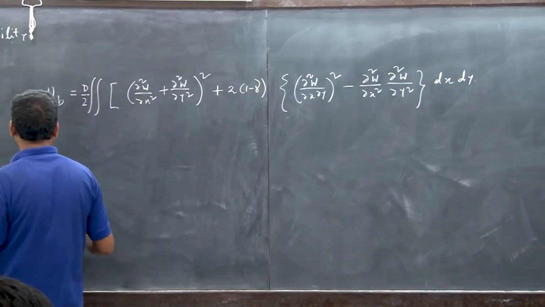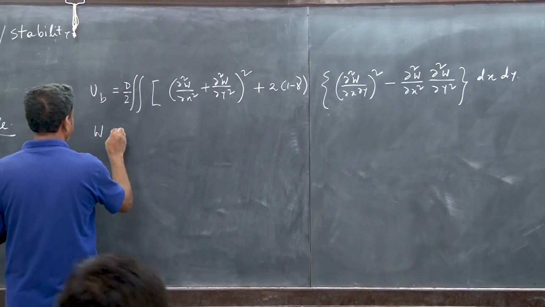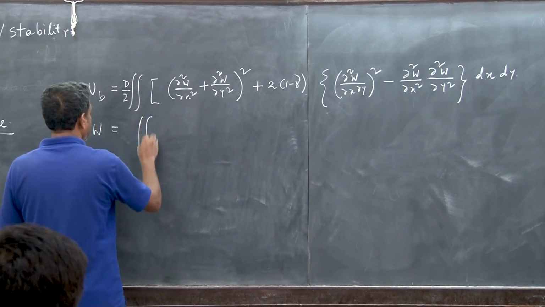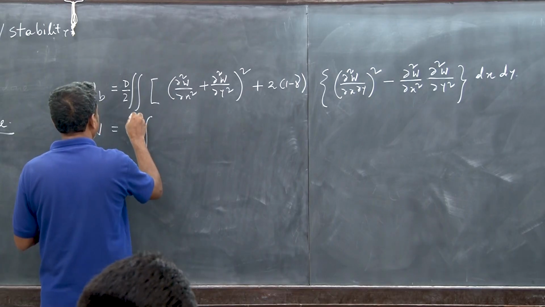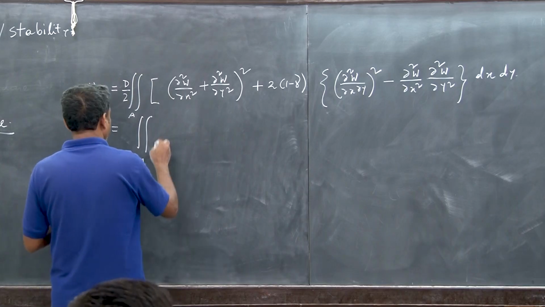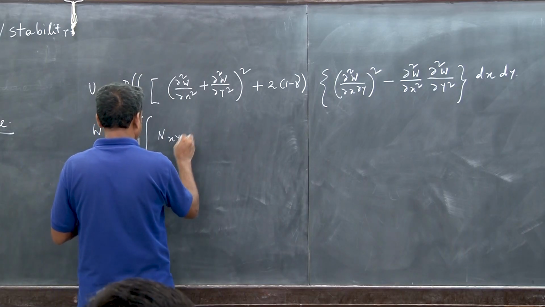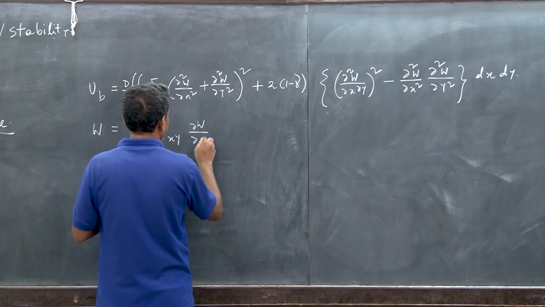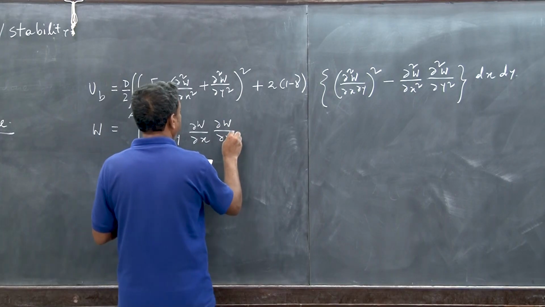That gives U_b. And for the work done, integrating over the area, only the shear one is there: N_xy times del w del x times del w del y.